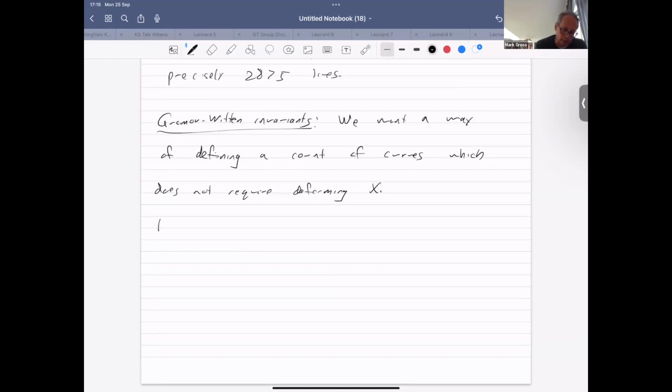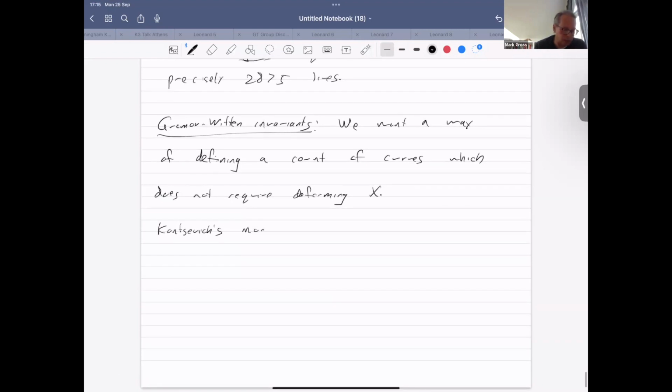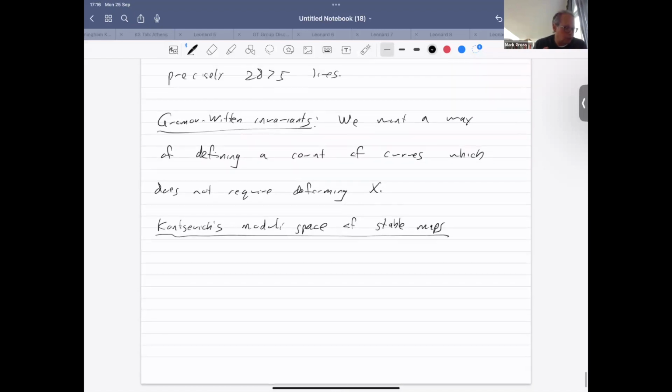So this is Kontsevich's moduli space of stable maps. The notion of stable map is going to be a key one for us as we go forward over the next 4 lectures. So it's worth going through this carefully. I'm going to fix a target space, let X be a non-singular projective variety.